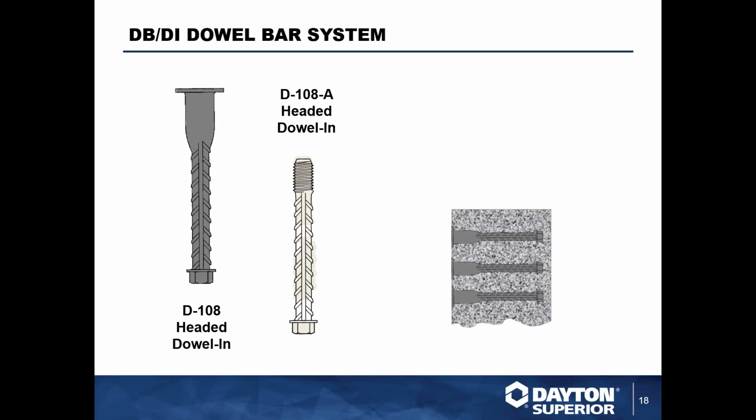These typically come from about 5.5 to 6 inches and up in length. Same thing with the D108: you can have a shorter length with a hex head nut on the end of it. They make a great anchor in concrete, and you can tie into the D108 with an NC threaded bolt. The thread on the inside of this coupling system is NC threaded.